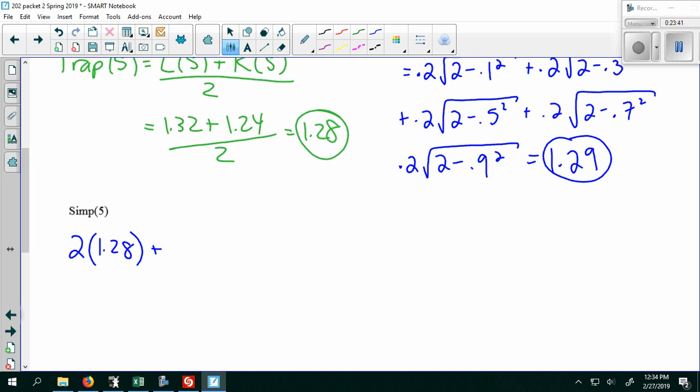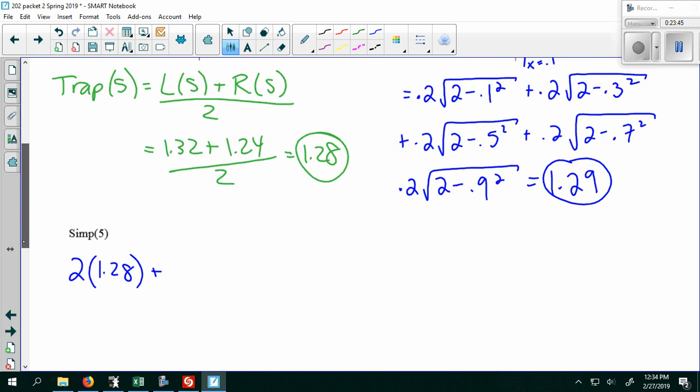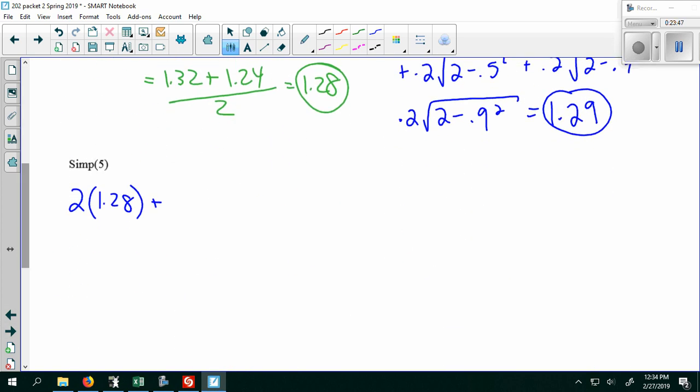Wait, 2 mids plus a trap, sorry. 2 mids plus a trap, I got it reversed. Okay, so 2 mids, 2 times 1.29 plus a trap, 1.28, over 3, and that should come out to about 1.285 for Simpson's.